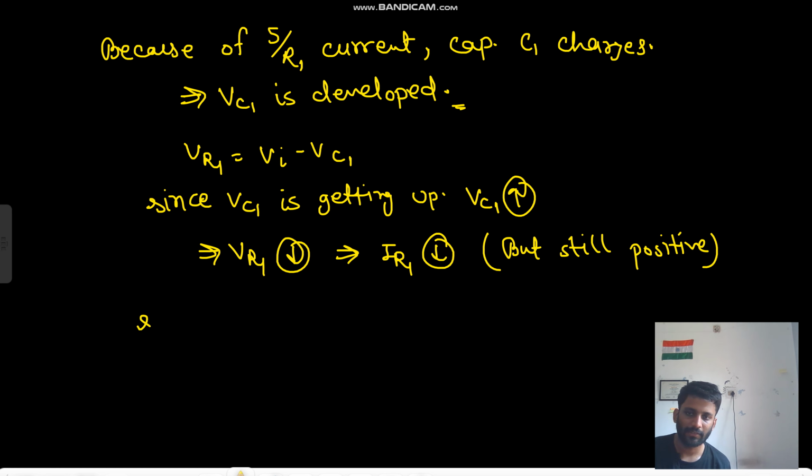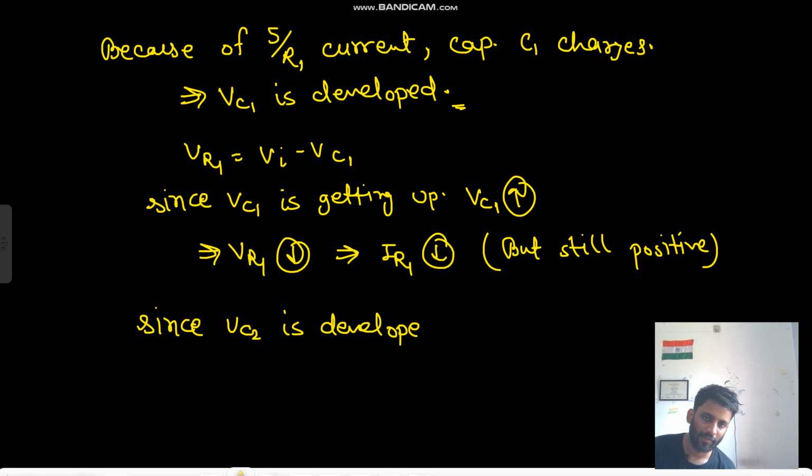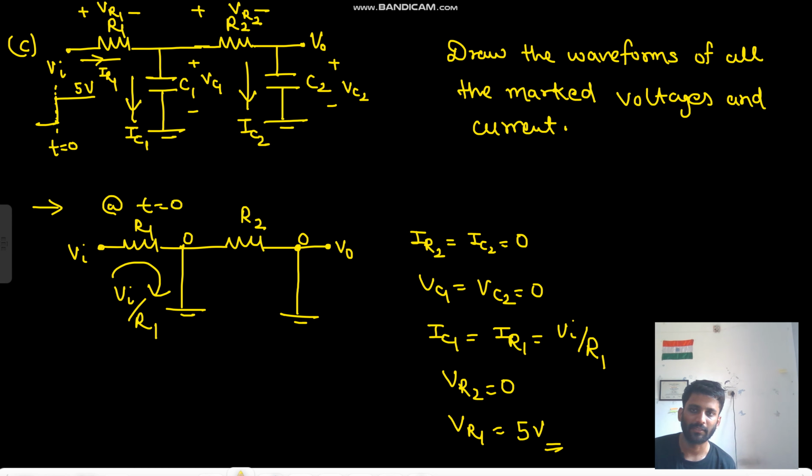Since VC1 is developed, assume here we have VC1 and here we have 0 voltage, as C2 is charged to 0. Because of that, there will be some IR2 current.